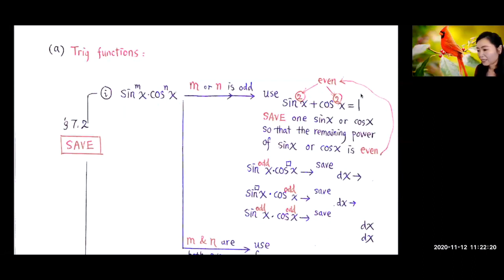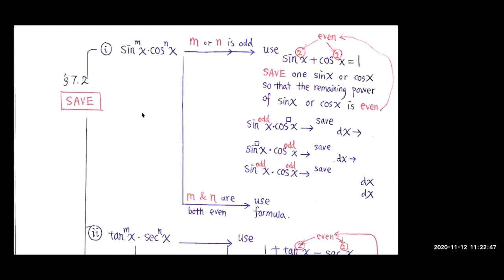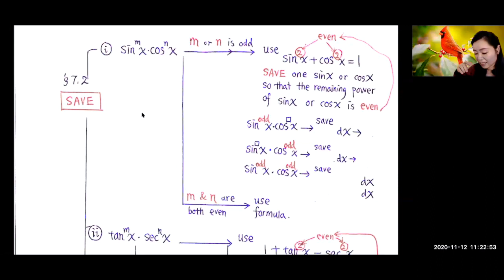Now here the power for sine is odd. Tell me, what should I save? We should save one sine x with dx.